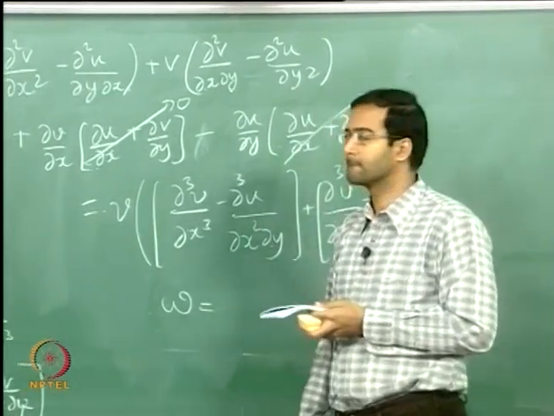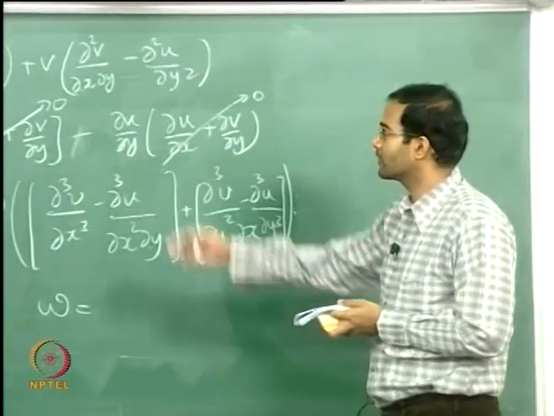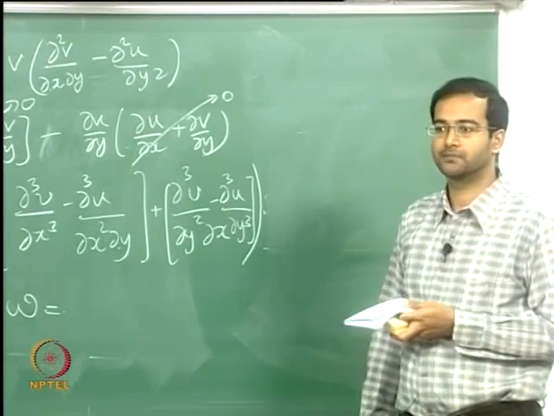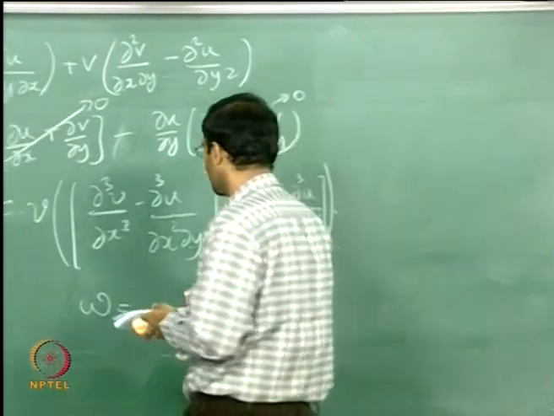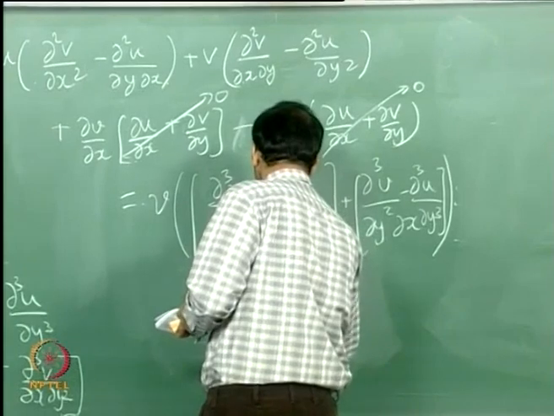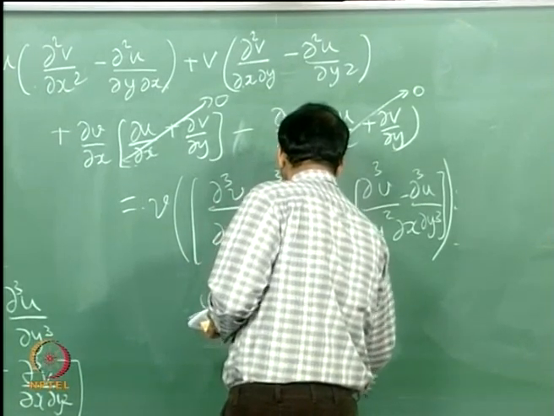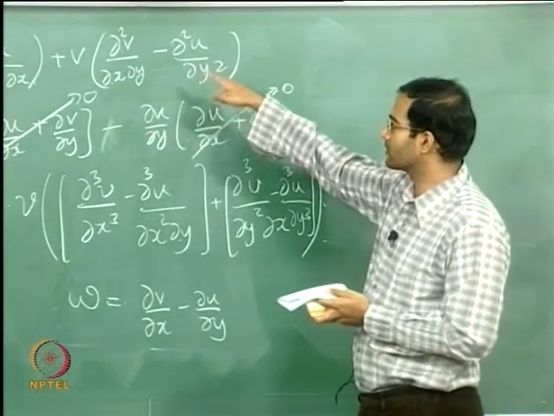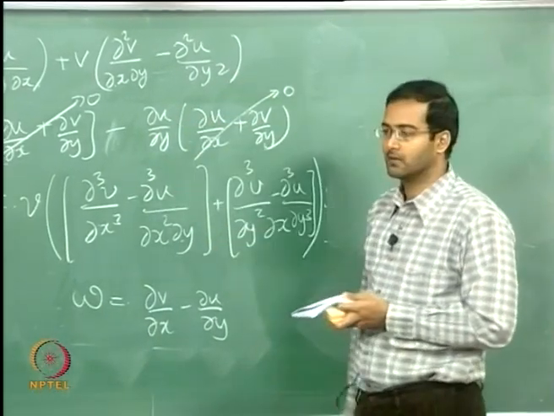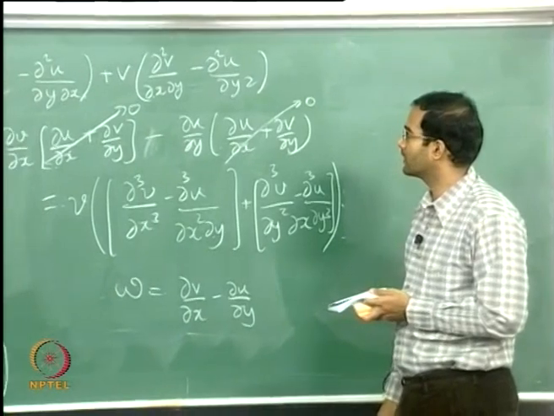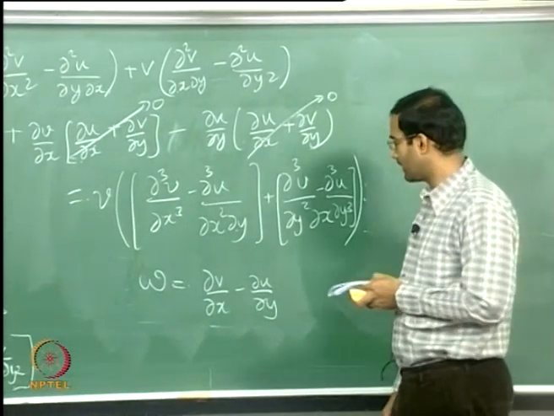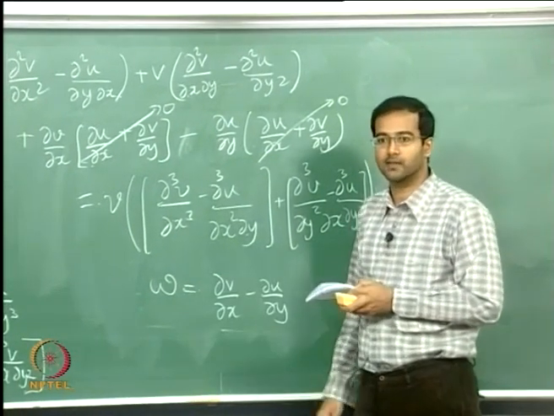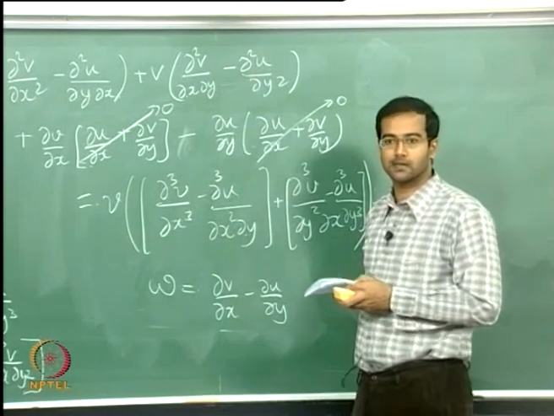In fact, you can get a clue from the terms that we have grouped. dv by dx minus, yeah, exactly. Okay, now you can see why we have grouped those terms, because they are going to be directly in terms of the vorticity that we have defined, and now we are going to take derivatives and check, it will come exactly to those terms, okay.